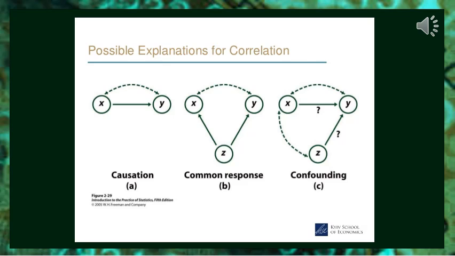Very often there are lurking variables in the background that would prevent you from saying that there is a causation between two variables. These lurking variables can cause a common response, so a third variable will influence your two correlated variables. Or sometimes there is confounding. Your two variables are correlated, but they are also correlated with a third variable. We'll see examples to illustrate that.